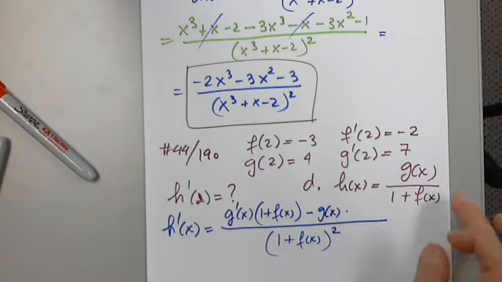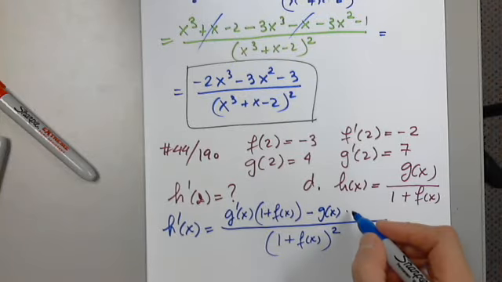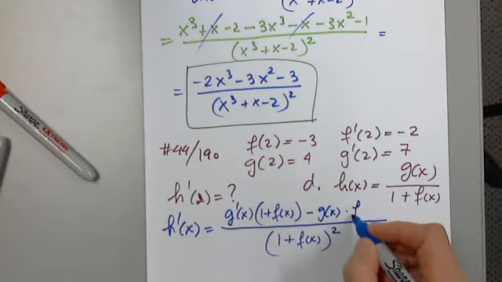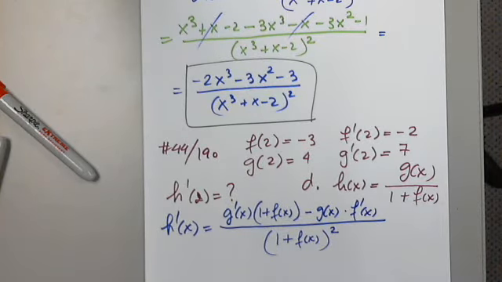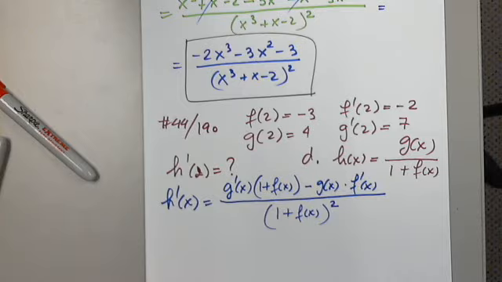What is the derivative of the denominator? Can anyone differentiate 1 plus f of x? That's it, because 1 prime is 0. Now I have everything I need to determine h prime of 2. So can anyone dictate h prime of 2?